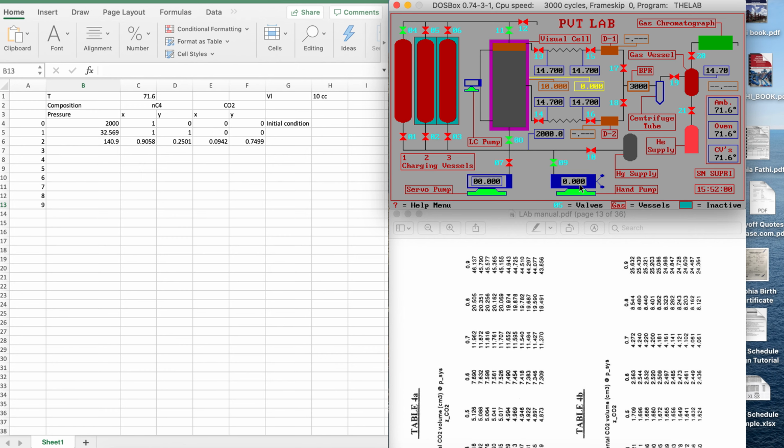So I'm just going to remove 30 cc's first. So I took 30 cc's of the mercury out. Okay. I'm going to close valve 8. Okay.